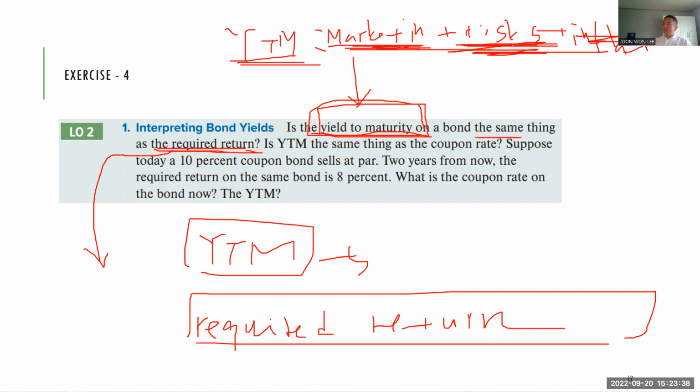So the question basically asks whether the return you require on the investment in a bond is the same as the yield to maturity. As far as you understand the concept of yield to maturity, then yeah, yield to maturity is the required return. But we don't understand what yield to maturity is.